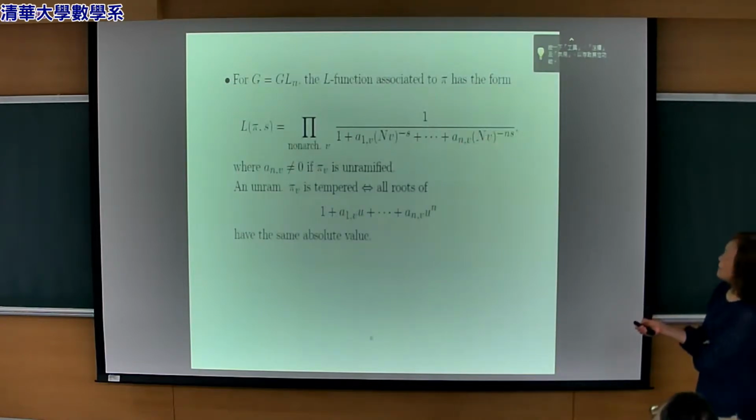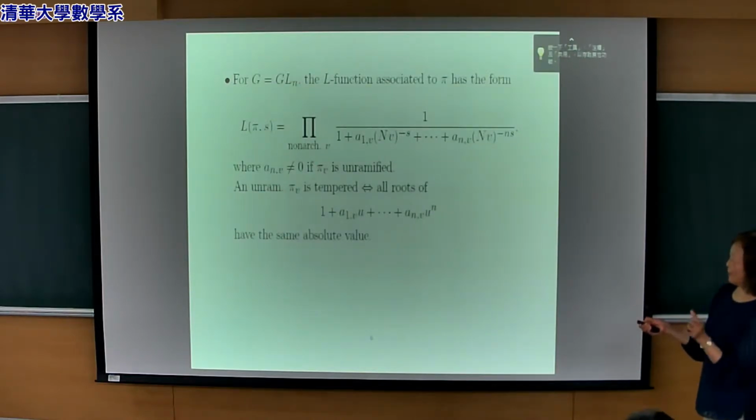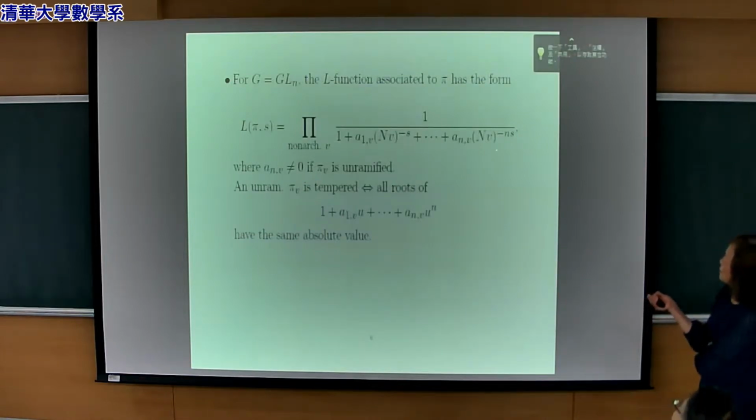If the representation, say pi_p, is unramified, then it has degree n. And in general, if we are given such a representation, only finitely many local representations are ramified, which means that for almost all places it's unramified. So we will have a degree n denominator in the powers of p to the minus s.